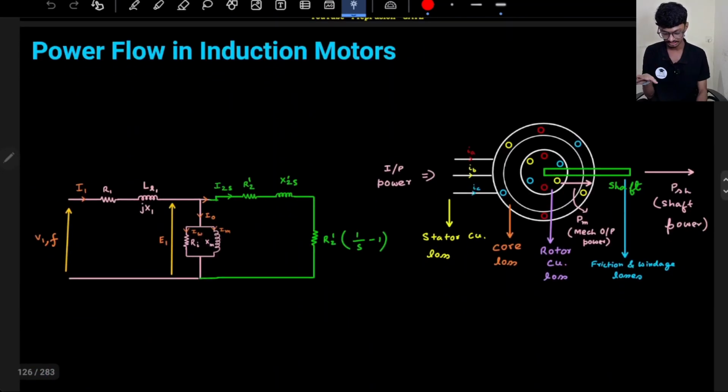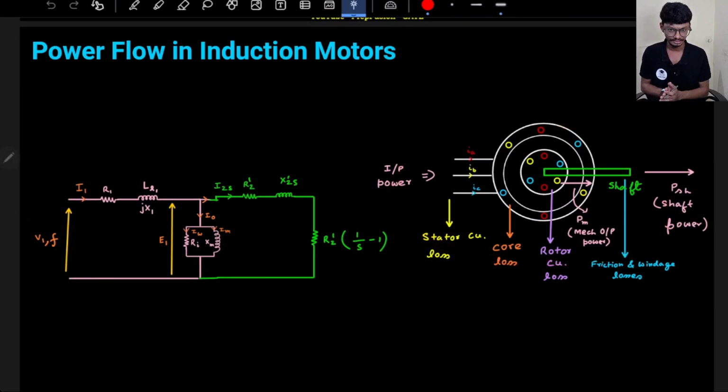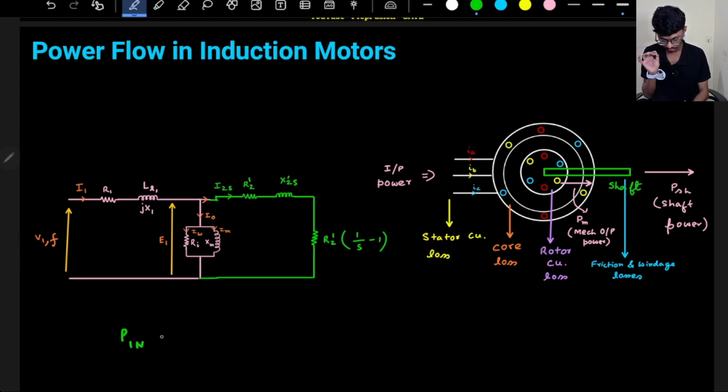So I have drawn this circuit, the equivalent circuit and the physical circuit, right? Initially, whatever input power I'm providing here, first of all, some of it is getting lost in the stator. So my input power P input, some of it is lost in the stator.